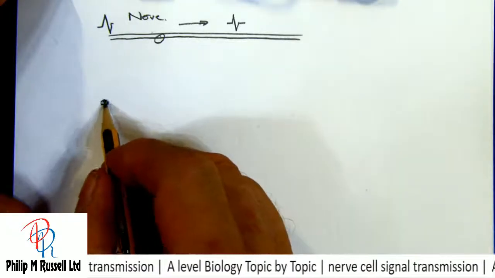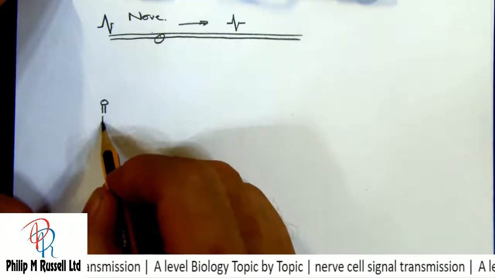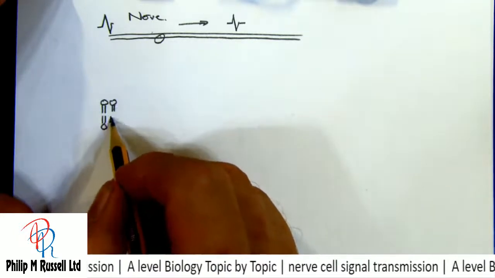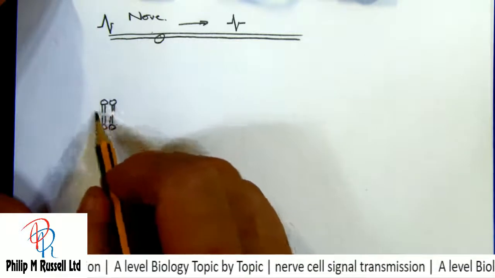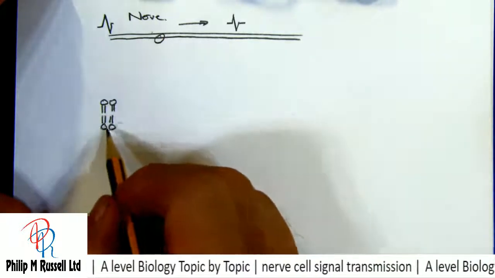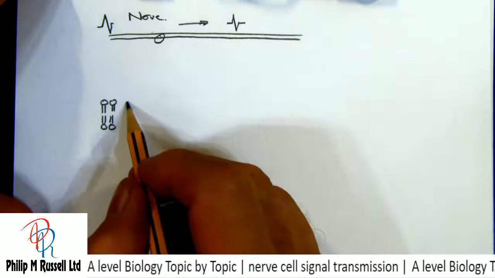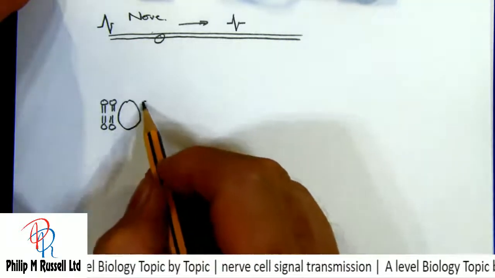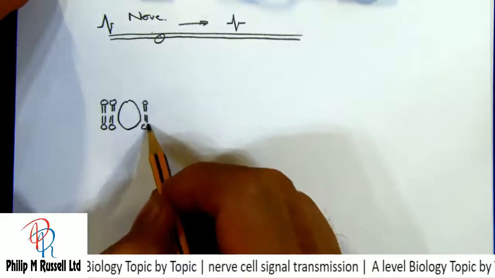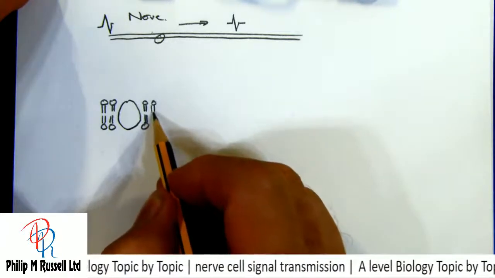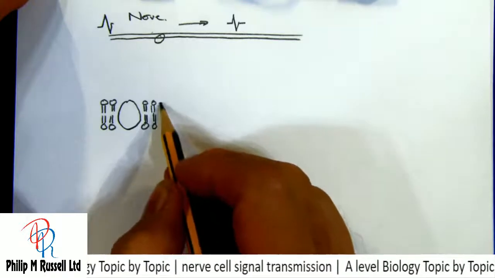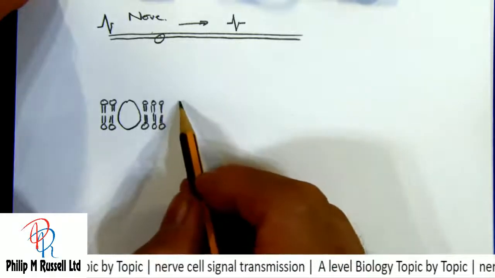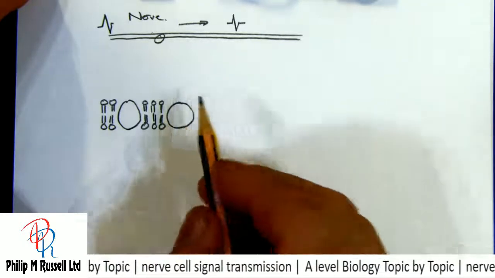Now, a nerve membrane typically is one of these double membranes with a phospholipid bilayer, and what we're going to have in here are a variety of different proteins, and these different proteins are going to control how things move in and out of the cell.